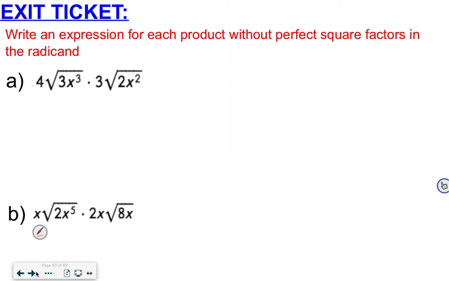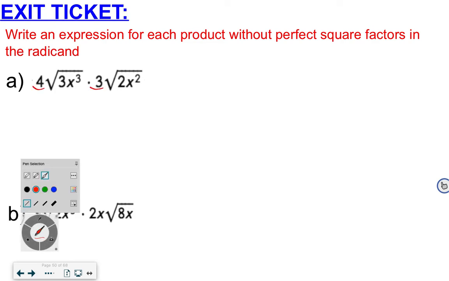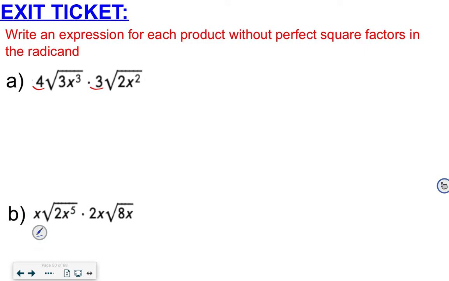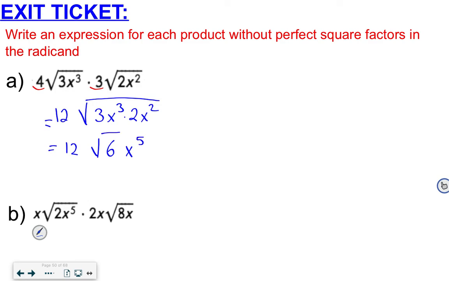And this is the last slide. Write an expression for each product without perfect square factors in the radical. Remember that, ladies and gentlemen, if there is a constant number in front of the radical, multiply them first. 12, under the same radical, 3x cubed times 2x squared. If we simplify inside the radical, 3 times 2 is 6, x cubed times x to the power 2 is x to the power 5. 6 is not a perfect square.